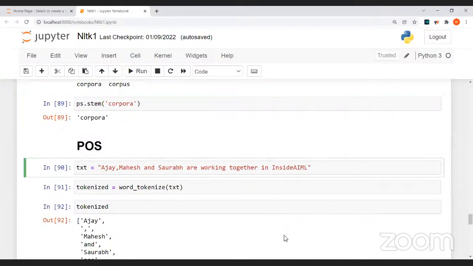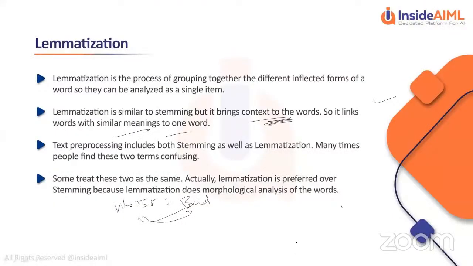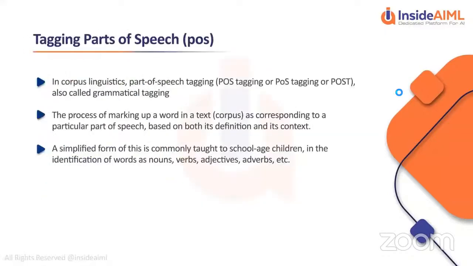Okay, now let's see POS tagging. It's a code snippet for tagging parts of speech. Parts of speech means that whenever we try to learn a particular language, we need to learn about its grammar.